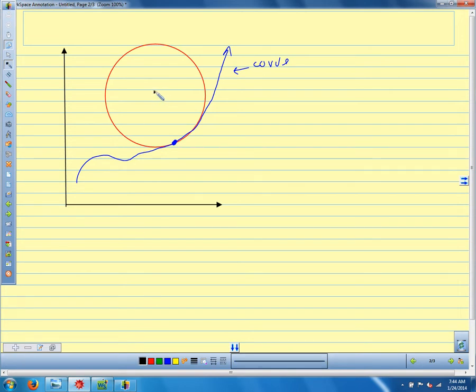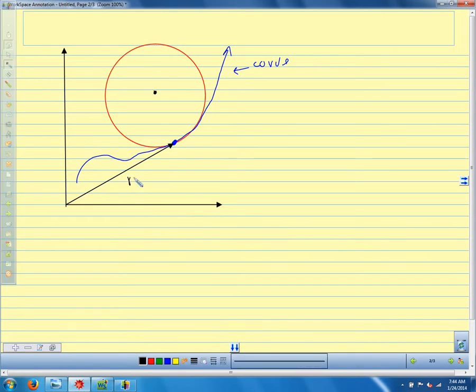So we know how to find the radius of curvature. We talked about that yesterday. We take the reciprocal of the curvature, and we get the radius of curvature. But we want to be able to find the center of curvature. So let's draw a couple more vectors. Here's a position vector to our point on the circle.